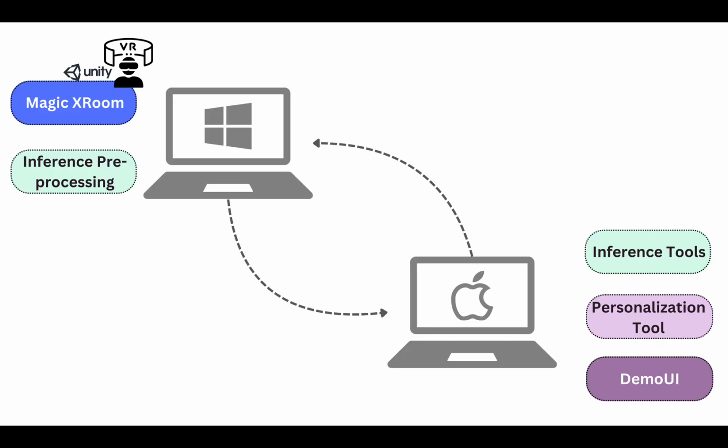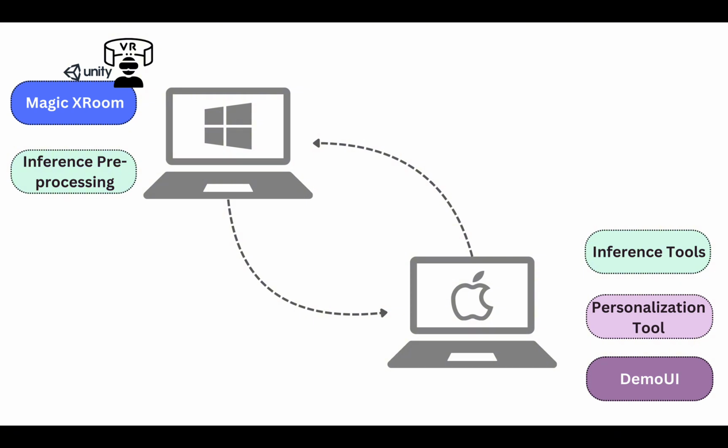The diagram shows this demonstration setup, in which we are using two different machines to deploy the components. In the first machine, a Windows OS will run Magic XRoom that will write files with data.